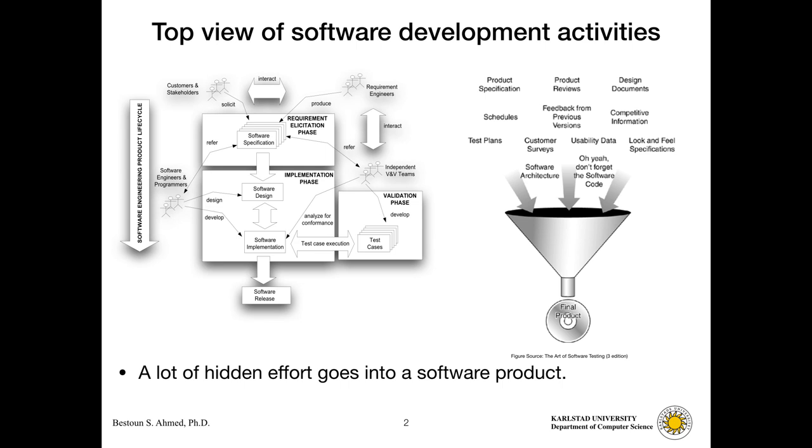A final product is a software product, but this software product is a combination of many things like the software, the product specification, the product review, the design documentation, the feedback from previous versions, the test plans, the customer survey, the software architecture, and many other documents and other parts of this software.